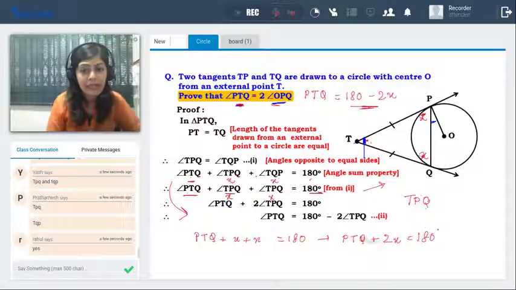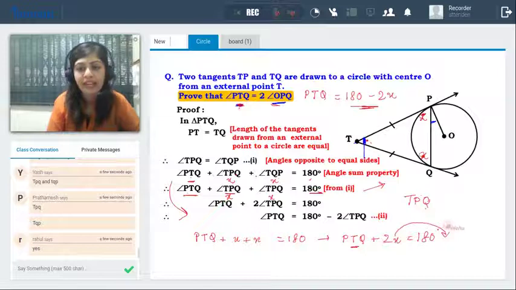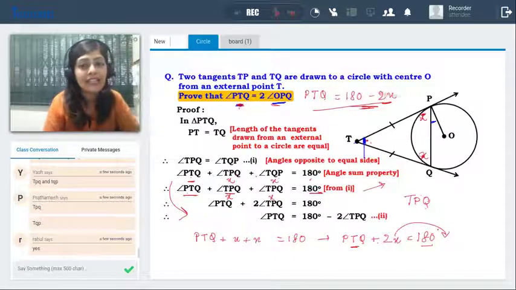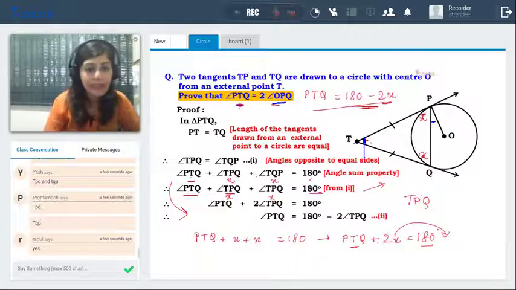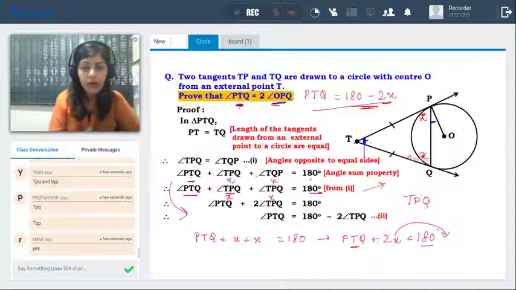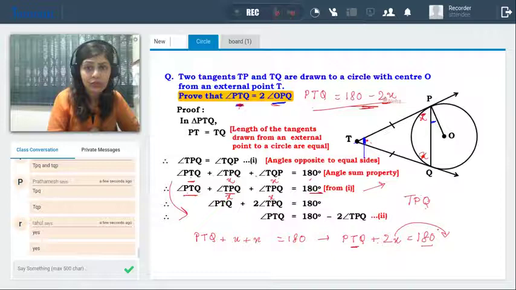Since I want only the value of PTQ, I will shift 2x to the other side. Plus 2x becomes minus 2x, and that's how we get this equation: PTQ is equal to 180 minus 2x. Rahul, I hope I have solved your doubt. You can quickly confirm that you have no doubts. Okay, thank you so much, Rahul.